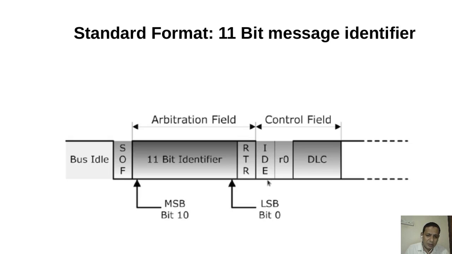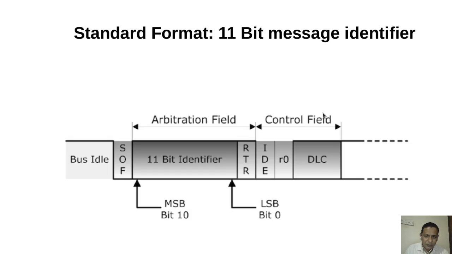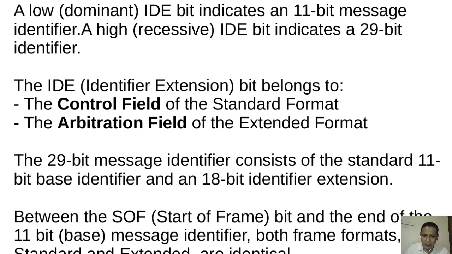If it is low, this will be the control field itself. If it is high, the remaining coming bits will be the extended identifier. So in the case of extended frame format, the IDE bit belongs to the arbitration field, and in the case of standard frame format, the IDE bit belongs to the control field. So that is explained here.